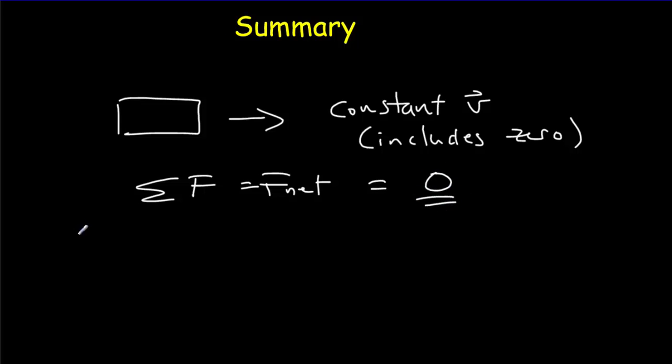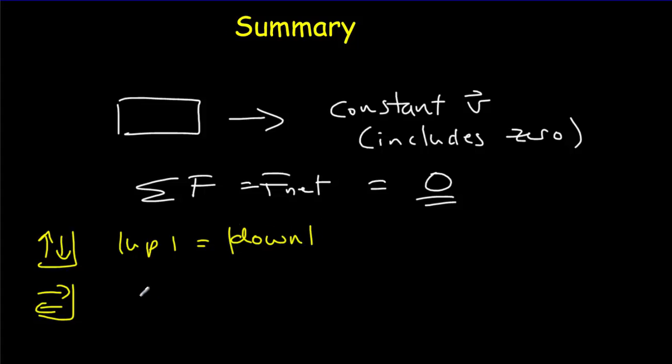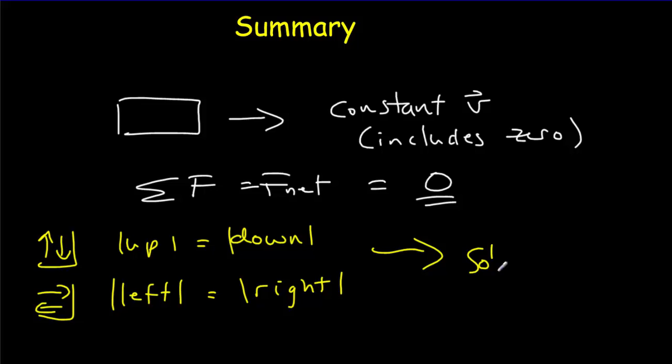So then what you can do is break the forces up into components, horizontal and vertical, so that you're effectively looking at nothing but horizontal and vertical forces. And then what you do is you set all the up forces equal in magnitude to the down forces, and set all the left forces equal in magnitude to the right forces. And in most cases, that's going to enable you to solve what you're looking for.